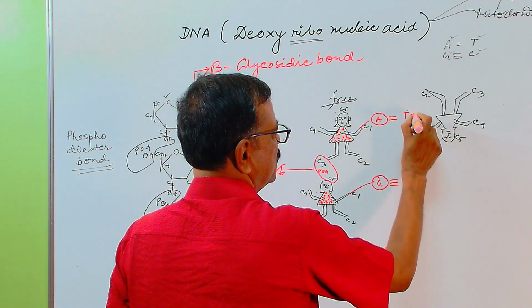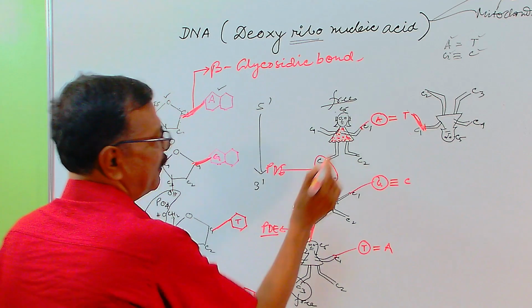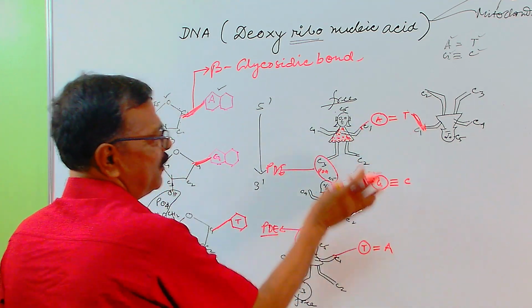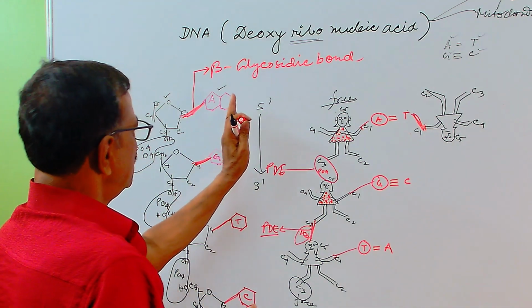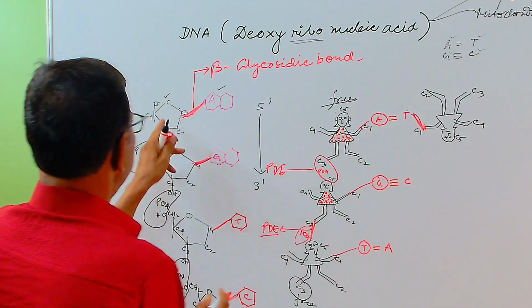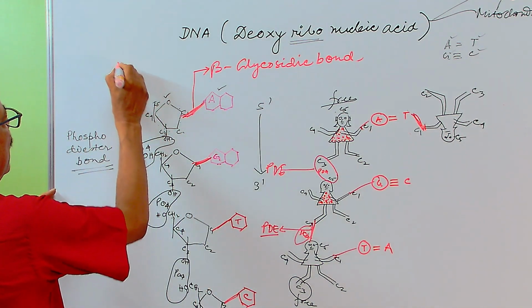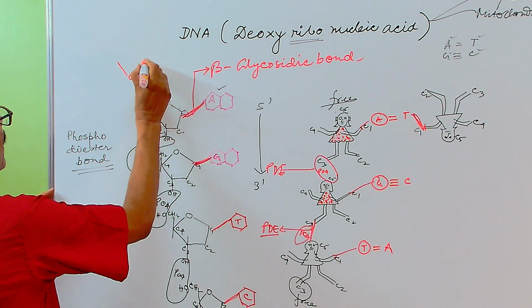So it will join here. Likewise, it joins here. So the sugar will be reversed. In this way, if you write here also, you write in this way.